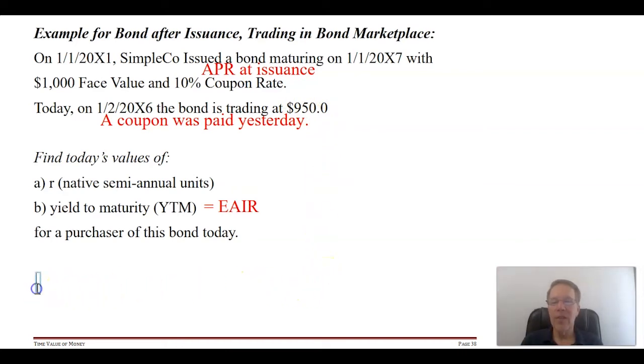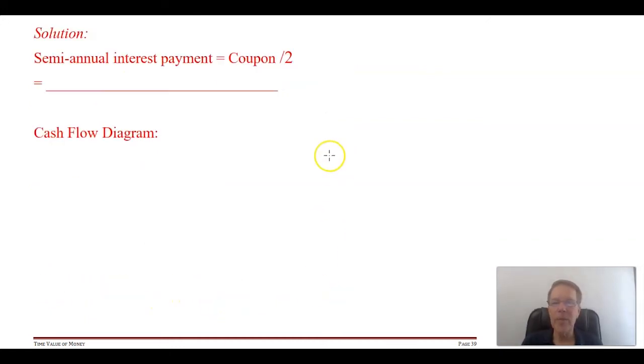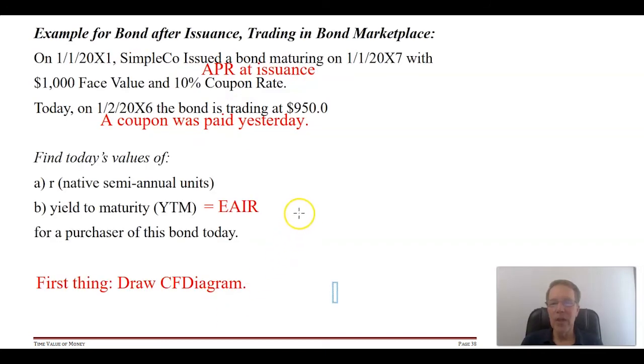So I think first thing is going to have to be cash flow diagrams, okay? If we're doing a cash flow diagram, we've got to know what our cash flows are going to be. So how much do we get every 6 months? It's going to be the coupon over 2. So let's think about this a little bit. $1,000 face value with a 10% coupon rate.